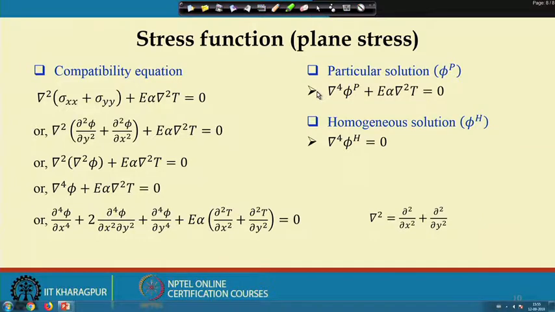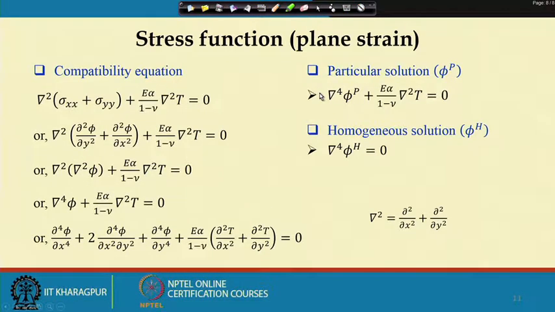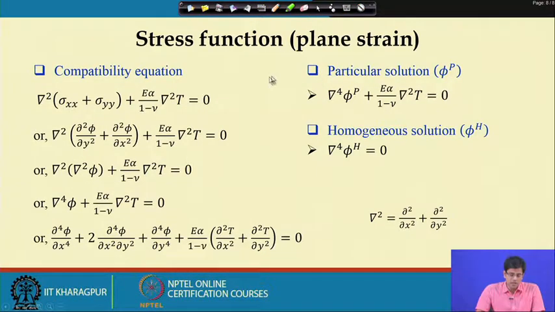This stress function approach can also be done for the plane strain condition, which you can appropriately modify. This is for the plane stress function approach. If you remember my earlier discussion, this equation will have this 1 minus nu term here. The biharmonic equation remains the same, only this factor is changed, which is divided by 1 minus nu.